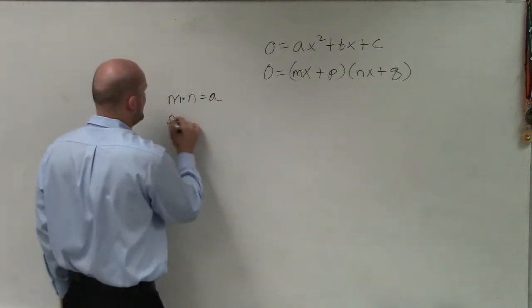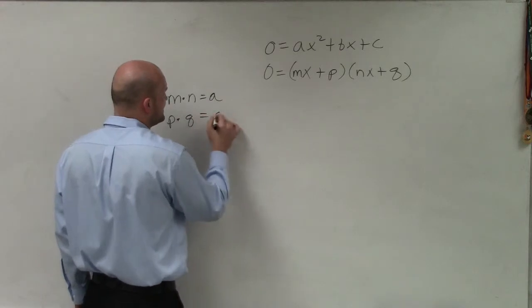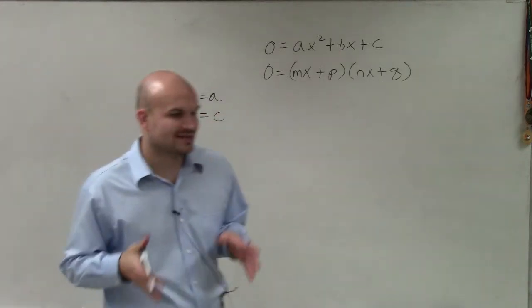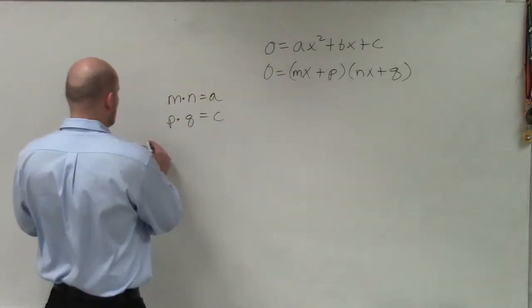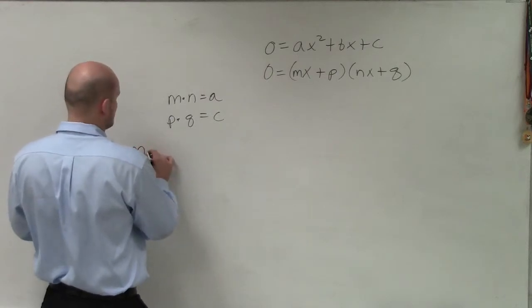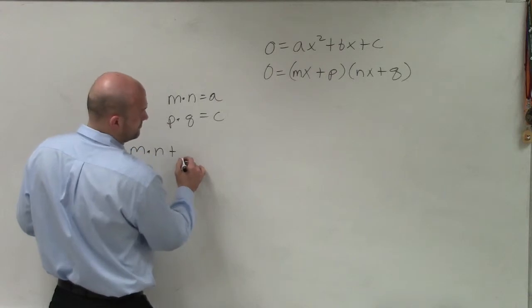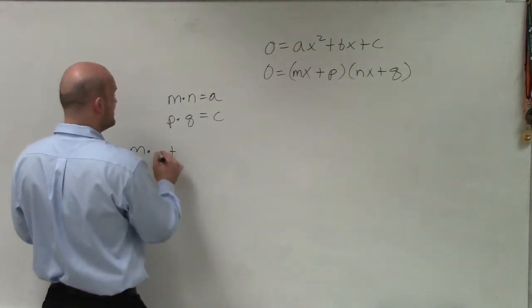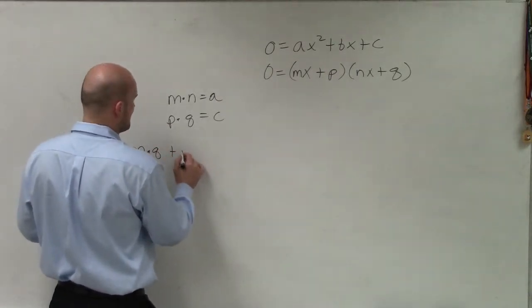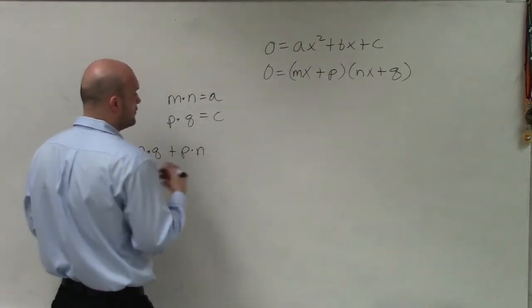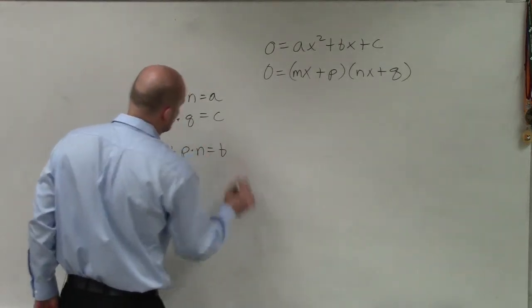And we know that p times q has to equal c. But where it gets a little bit difficult here is we know that, not m times n, m times q plus p times n, those two values have to equal your b.